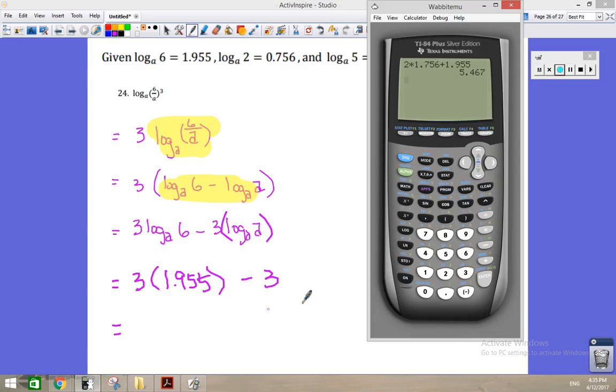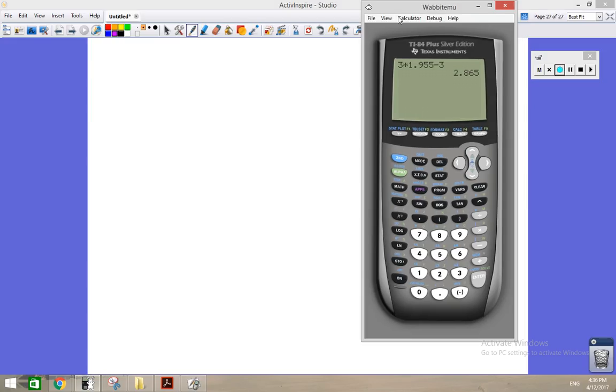So let's go to the calculator so we don't make a silly mistake. 3 times 1.955 minus 3. So I'm getting 2.865 if I haven't made a silly type of error. Alright. Hey, I hope that helps, and I'll talk to you later.